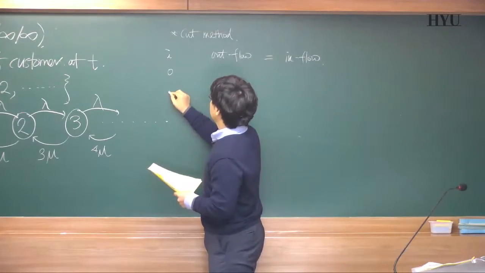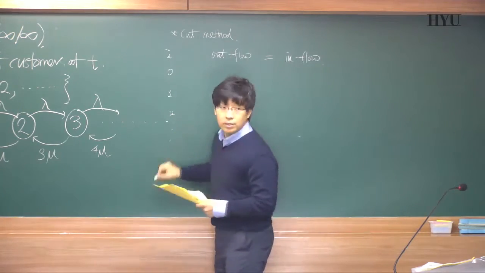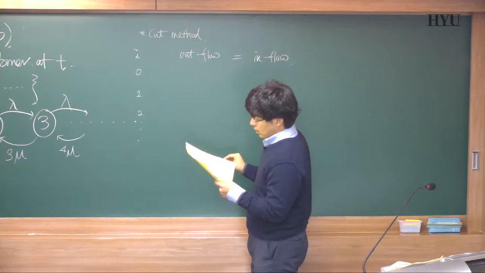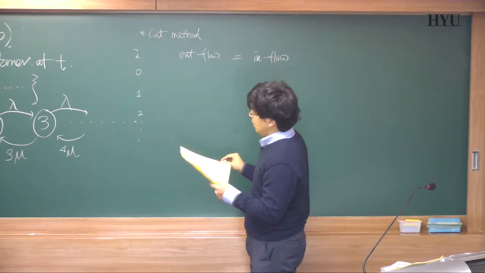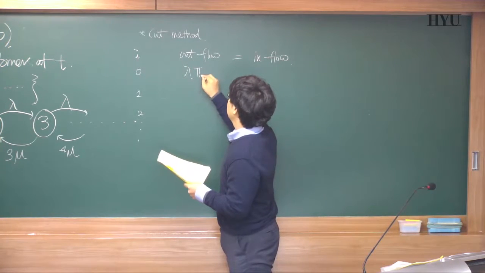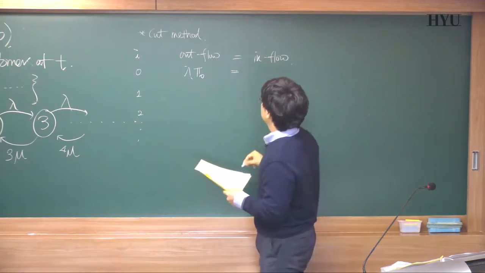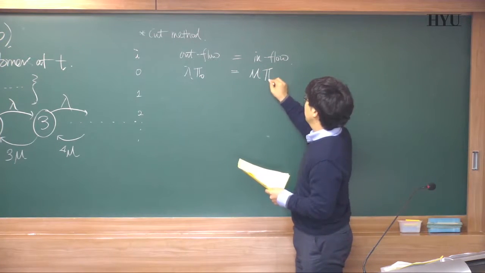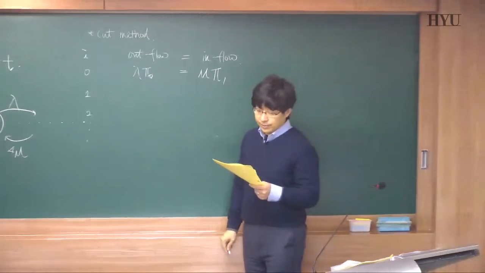Zero, 1, 2, and so on. So for node 0, outflow is lambda times pi 0, equals inflow, which is mu times pi 1. Okay.